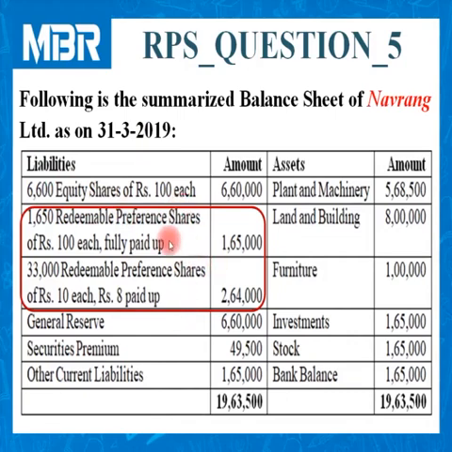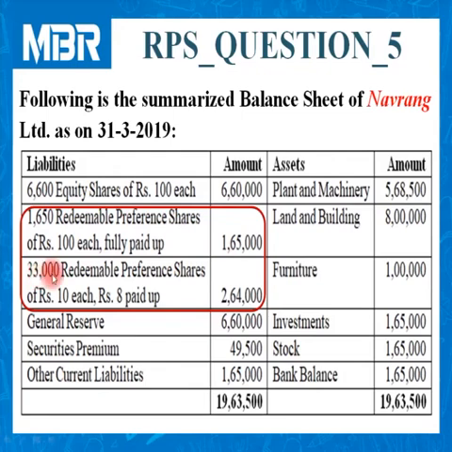In this question, we have two types of redeemable preference shares. First, 1650 redeemable preference shares of rupees 100 each, fully paid. So the amount is 1,65,000.